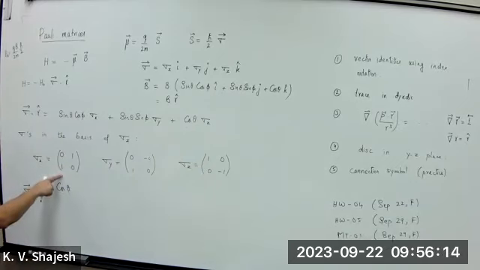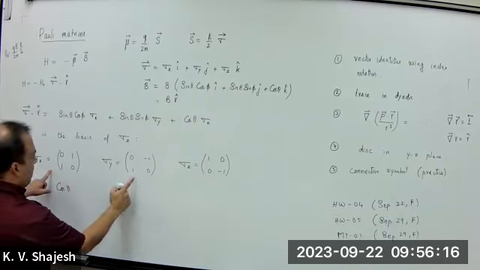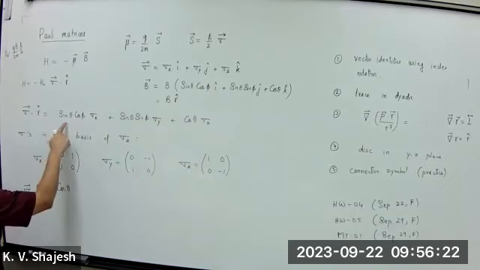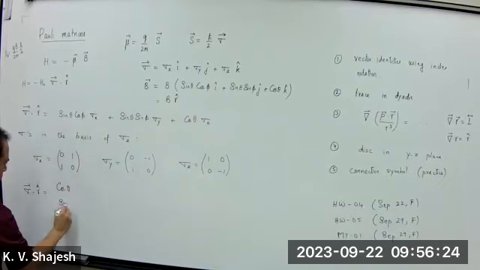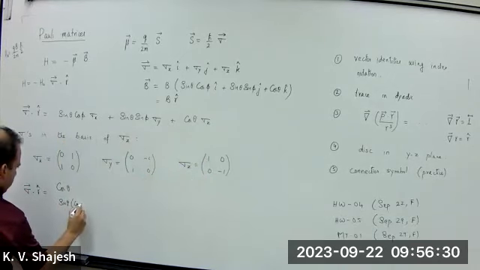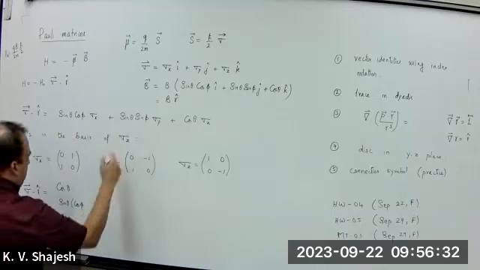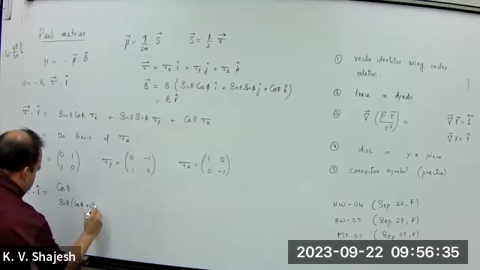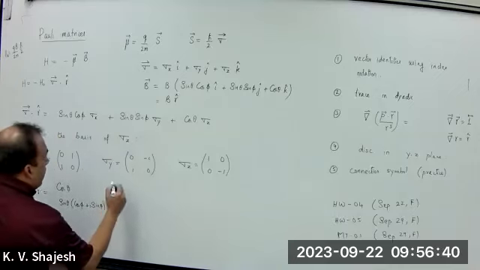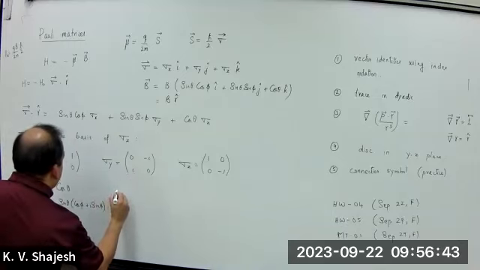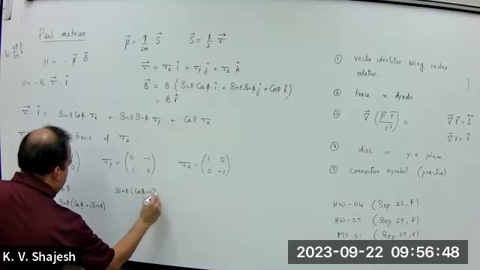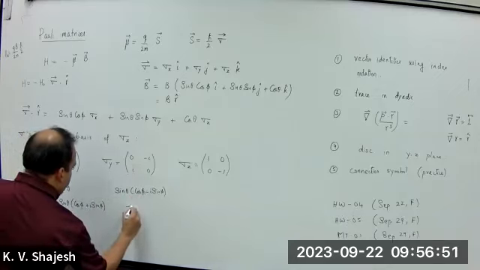The 2-1 component has an x piece and a y piece, but no z component, and there is a sine theta, which is common in both x and y, and cosine phi plus i sine phi. We did this last time too. And here we have sine theta again, with cosine phi minus i sine phi, and this is minus cosine theta.